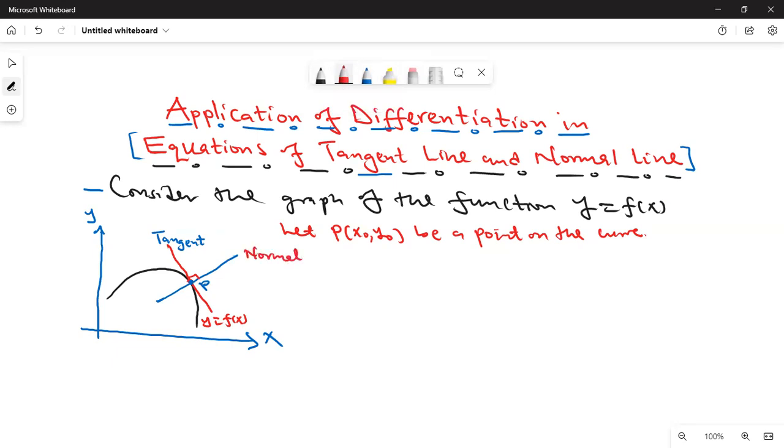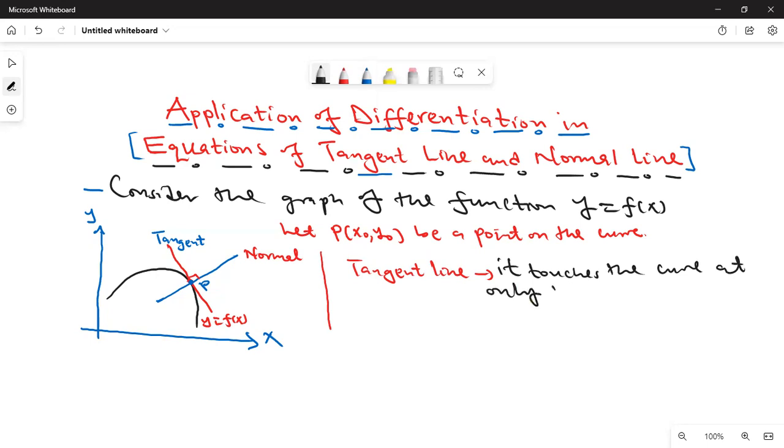So then what do you understand by a tangent line? We can define it that a tangent line touches the curve at only one point.